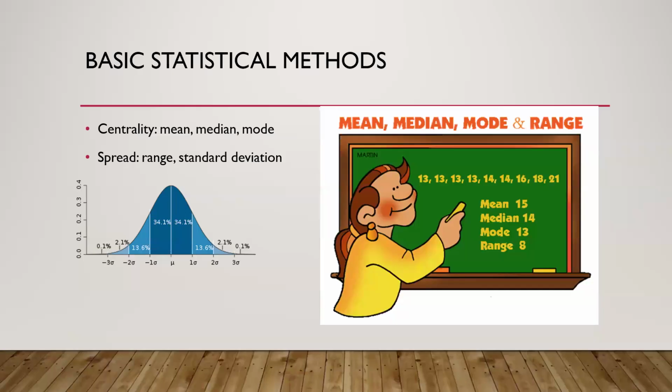So what are the basic statistical methods? They are here. We have the mean, median, mode, and the range, the measures of central tendency. If you have data, you see this illustration on the right-hand side. If you have your ungrouped data like that, and your intention is to measure what is the mean, what is the median, what is the mode, and so on and so forth.